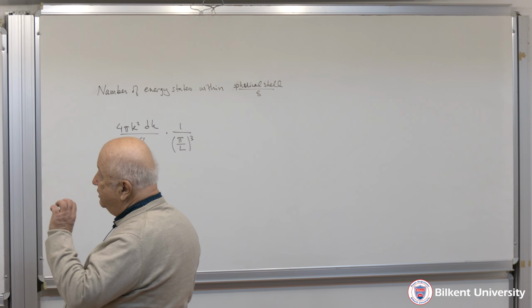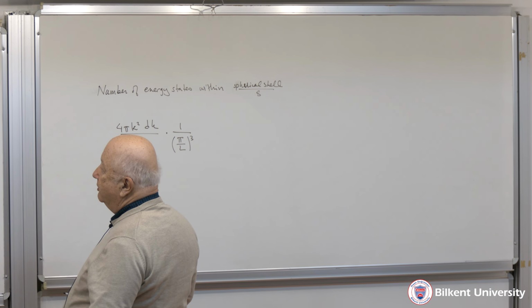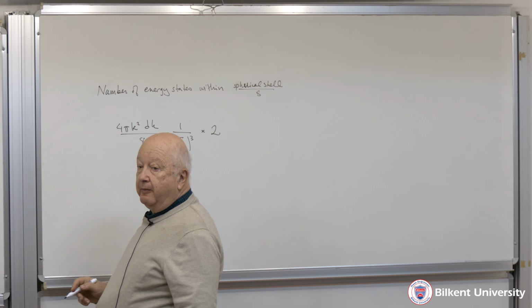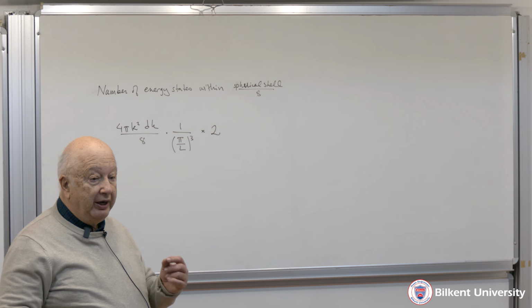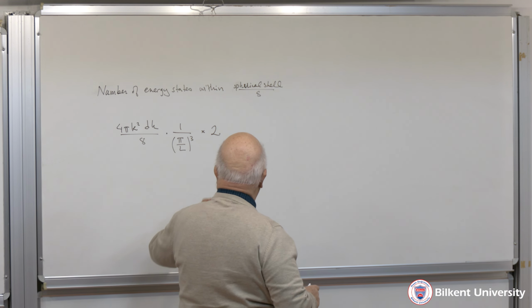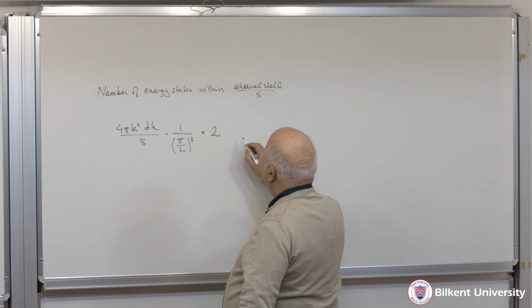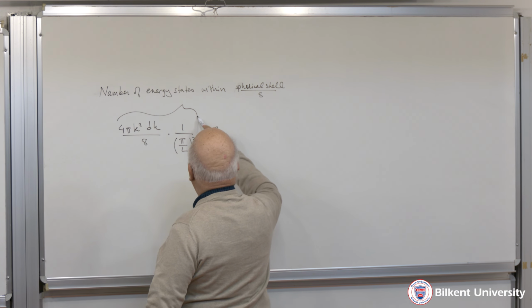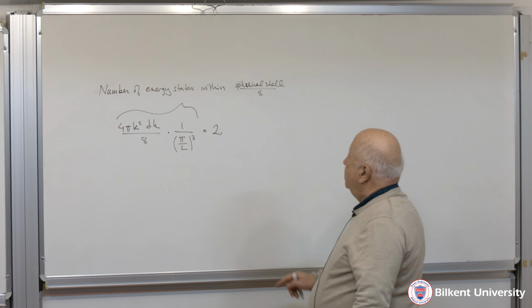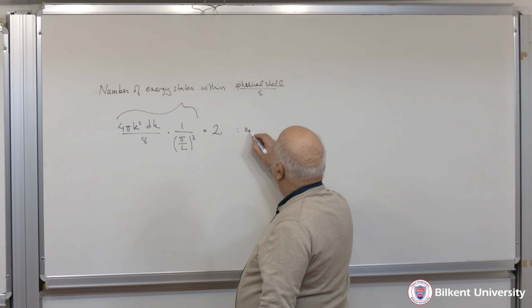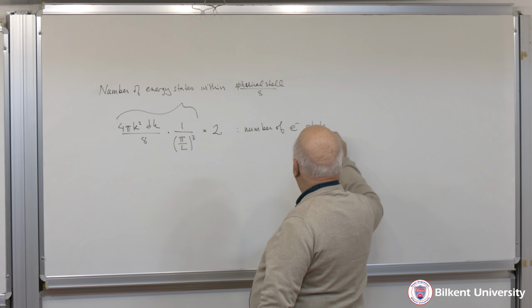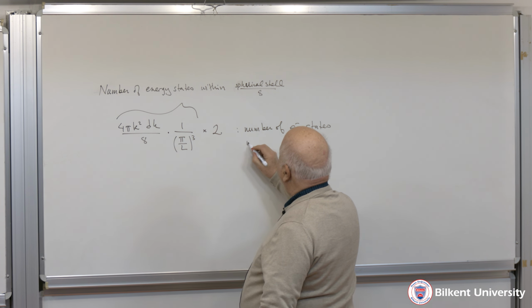Now, since each one of these can take 2 electrons, I just multiply it by 2. That's because I can put 2 electrons into the same energy state. So the previous part is the number of energy states, and if I now multiply by 2 as well, it gives me the number of electron states within the shell.